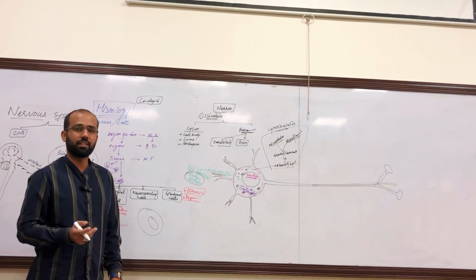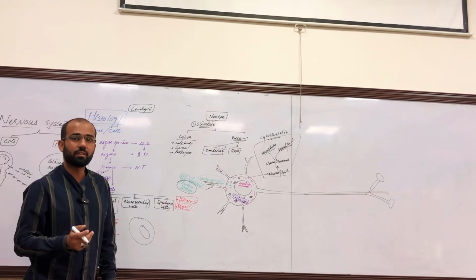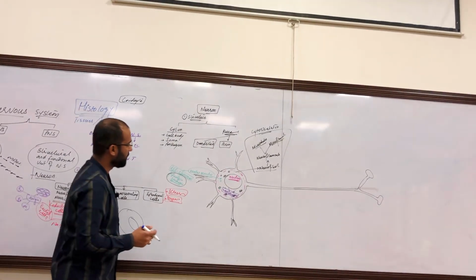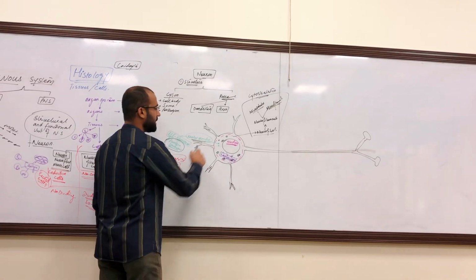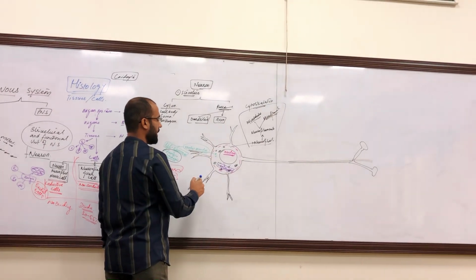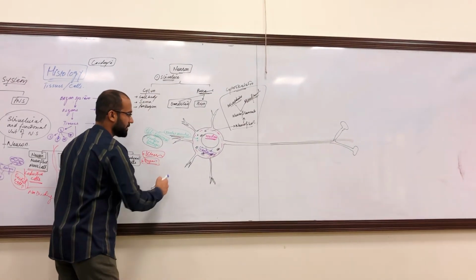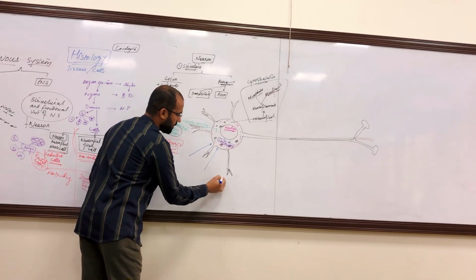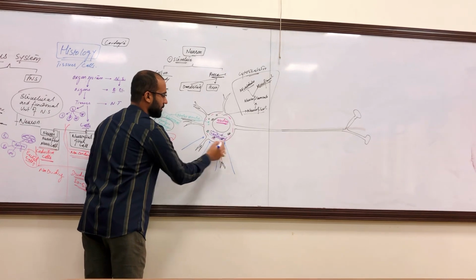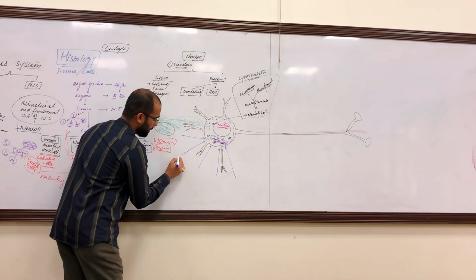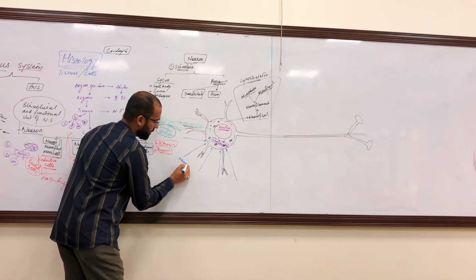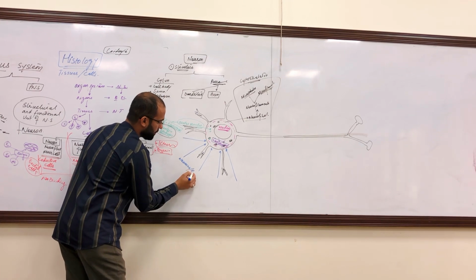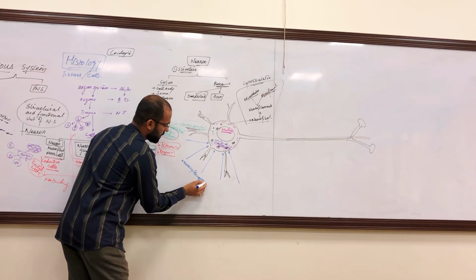It depends on direction. Which direction? Nerve impulse direction. Actually, this neuron is receiving information from different neurons or from direct receptors.